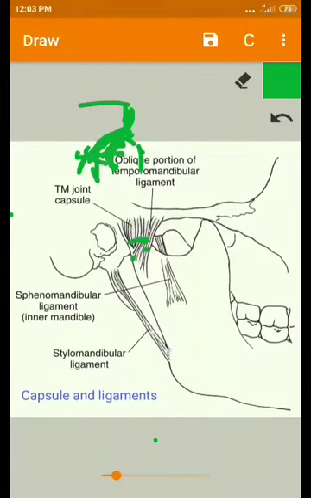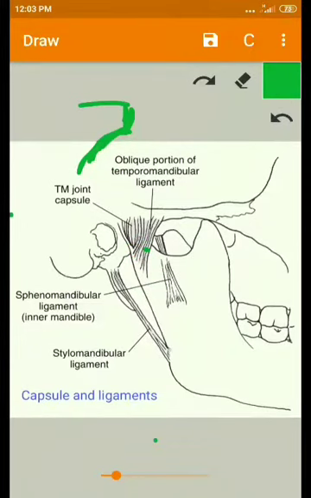If it were not limiting this rotation, it would put some pressure on the retrodiscal pad. That is not happening because of this horizontal portion of the temporomandibular ligament.